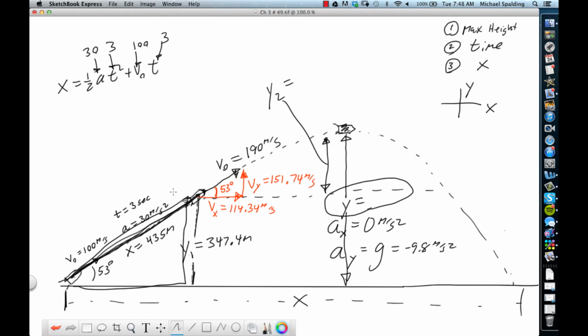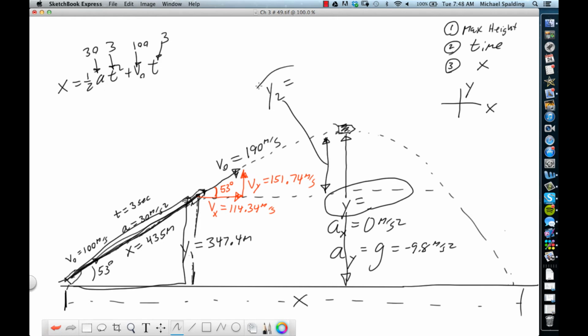Well, we got to use a kinematic. The decision you got to make whenever you're doing a two-dimensional motion problem: are you going to solve the question with x direction or y direction? If we're solving for the maximum height from where the engine died, are we using x direction or y direction? Y direction.